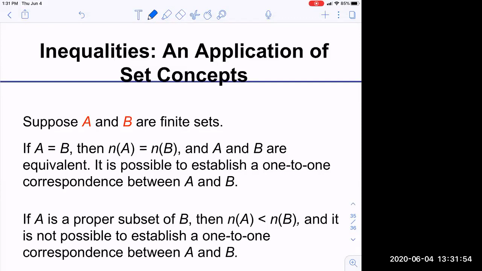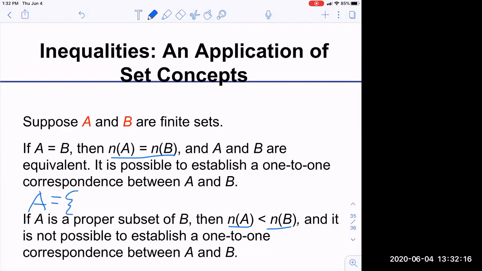Finite sets, if they're equal, we know that they're equivalent, so the cardinalities are the same. And if A is a proper subset of B, then the cardinality of A is less than the cardinality of B. And that's a definition of inequality, less than.